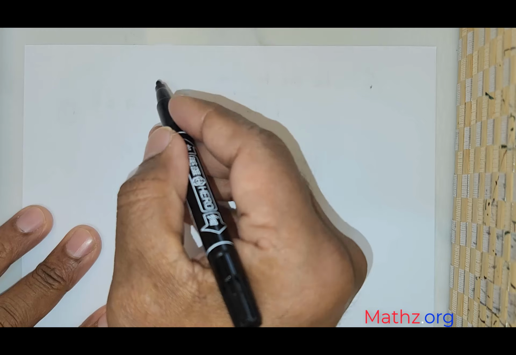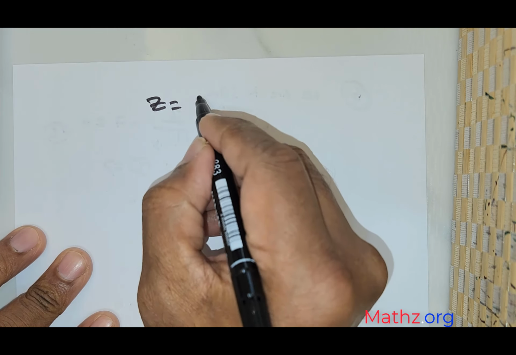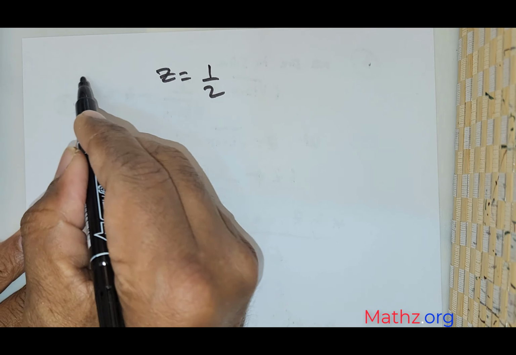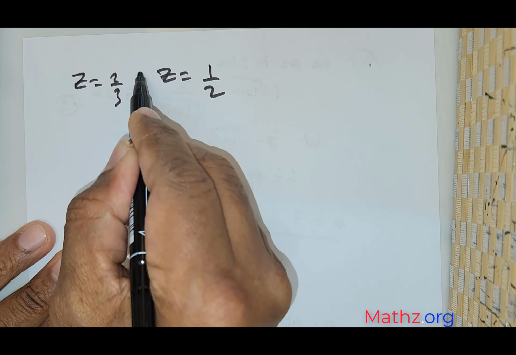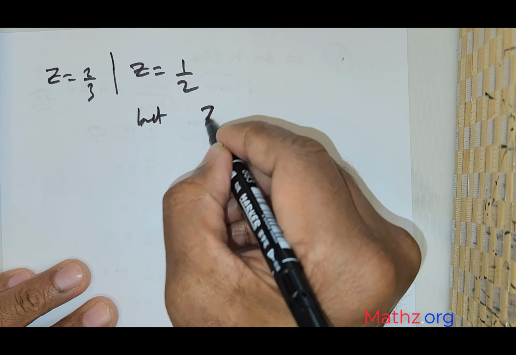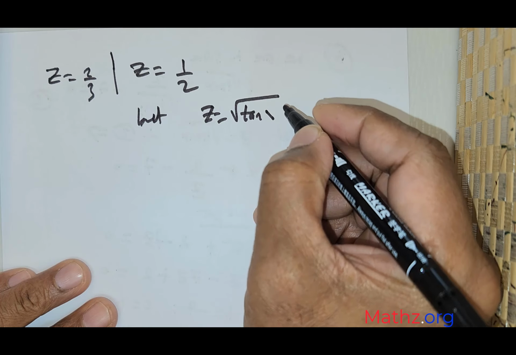So let me move up here. So therefore z is equal to two values, 1 over 2 and 2 over 3. But what is z? z is nothing but root of tan x, right?